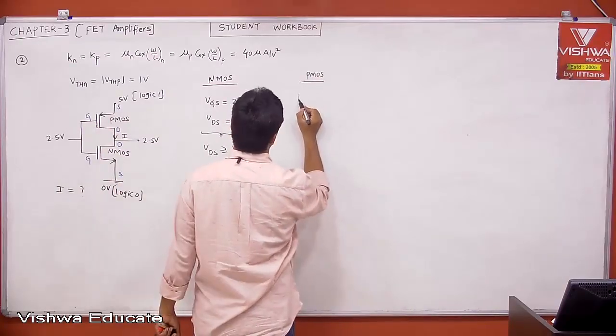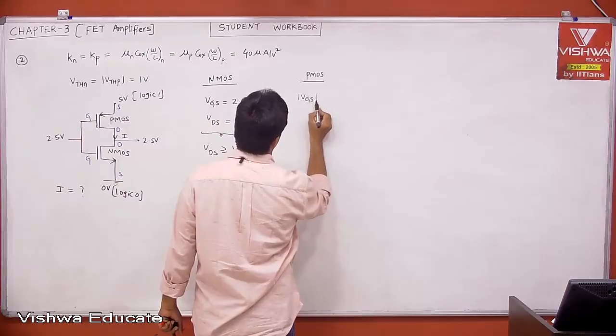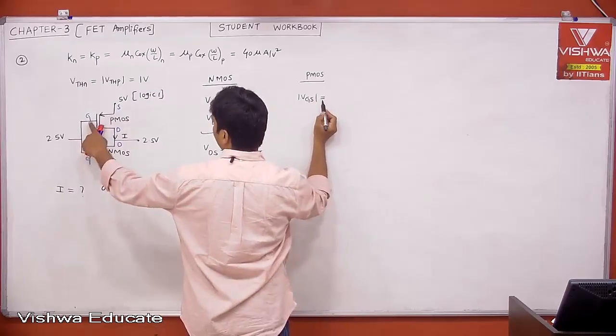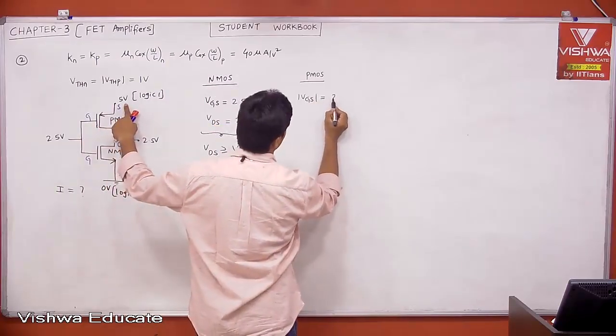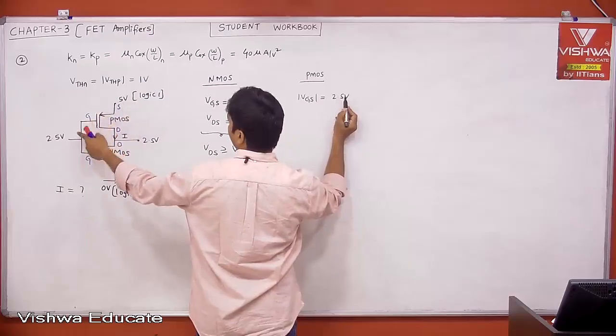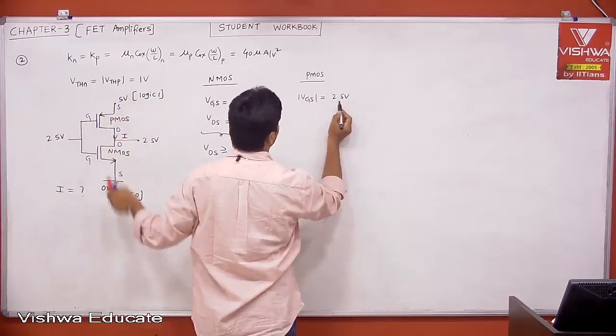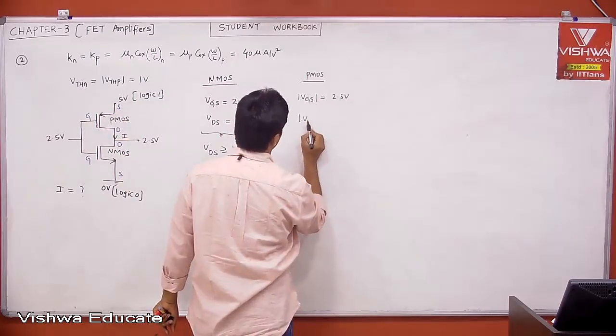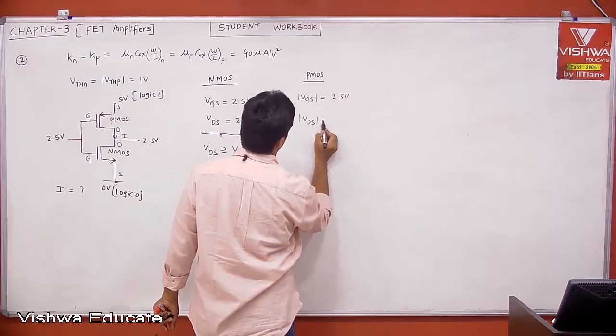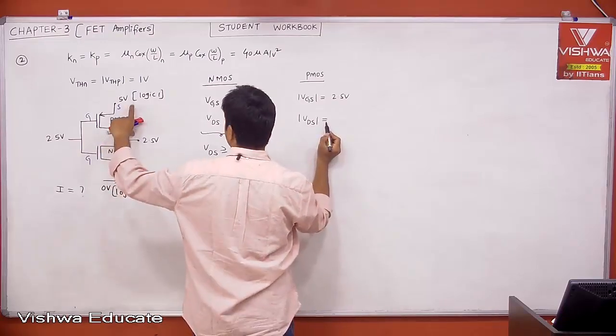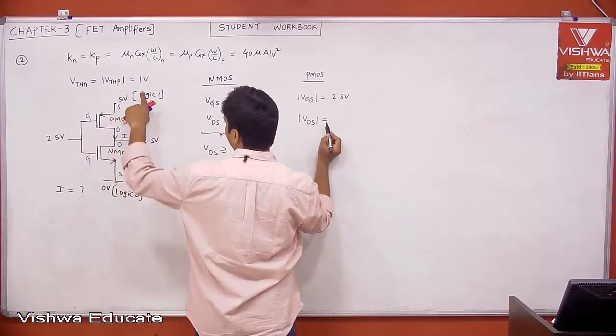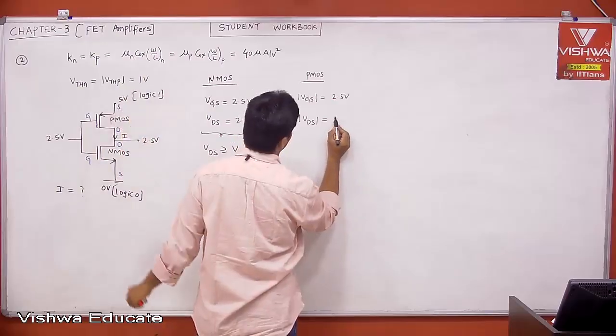what is mod VGS? You take mod VGS. What is mod VGS? 2.5 and then 5, right? Actually 2.5 minus 5 is minus 2.5, but mod is 2.5. Then similarly, what is mod VDS? Mod VDS is nothing but this one, 2.5 minus 5 is minus 2.5, therefore 2.5.